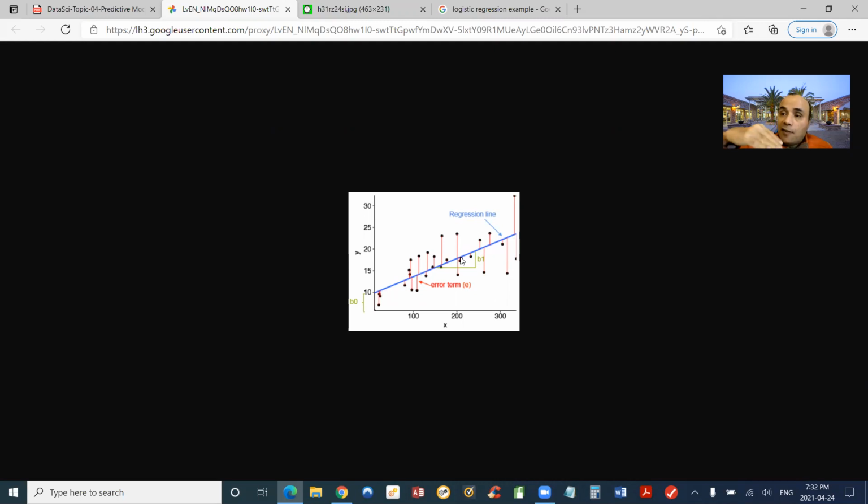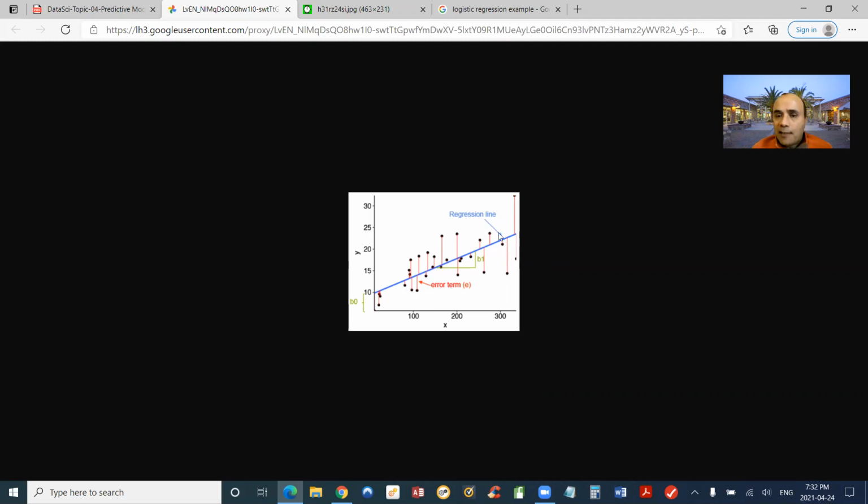So if you shift this line a little higher, the error at the bottom is going to increase, the error at the top is going to decrease. If you shift this a little bit down, the impact is going to be reversed. So you can't just go down or you can't just go up, you just have to stay in the middle, right?